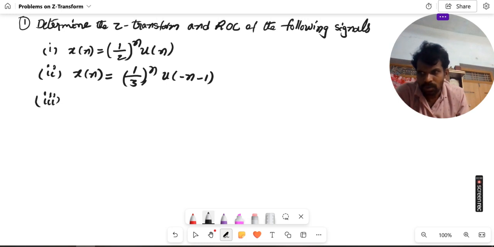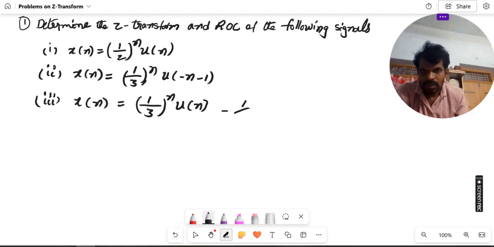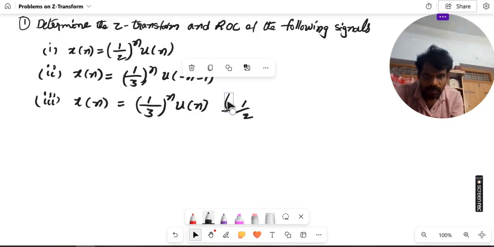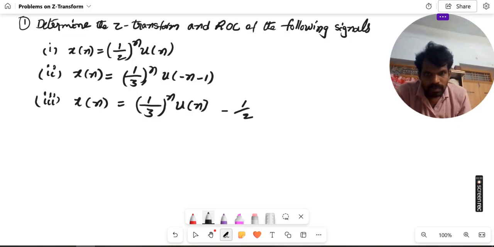So in this example, we are going to take two terms, that is x of n is equal to 1 by 3 power n into u of n minus 1 by 2 power n into u of minus n minus 1.